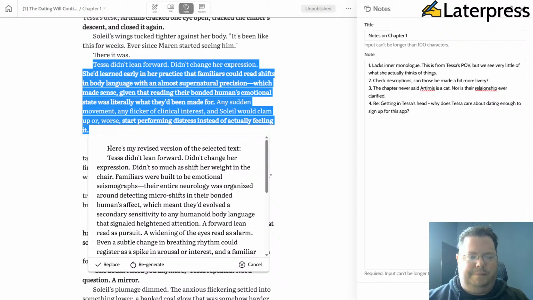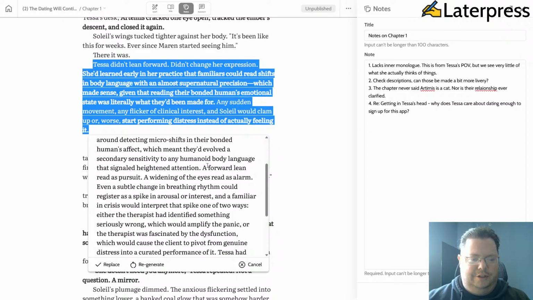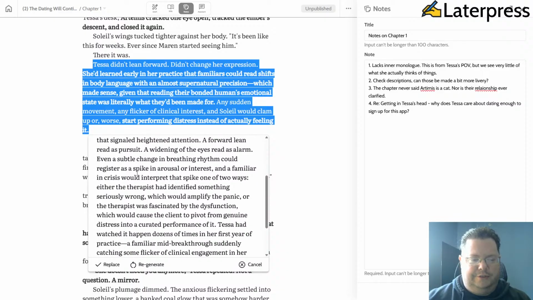All right, so it replaces that paragraph with: Tessa didn't lean forward, didn't change her expression, didn't so much as shift her weight in the chair. Familiars were built to be emotional seismographs. Their entire neurology was organized around detecting micro shifts in their bonded human's affect, which meant they'd evolved a secondary sensitivity to any humanoid body language that signaled heightened intention. A forward lean read as pursuit, a widening of eyes read as alarm. Even a subtle change in breathing rhythm could register as a spike in arousal or interest, and a familiar in crisis would interpret that spike in one of two ways.